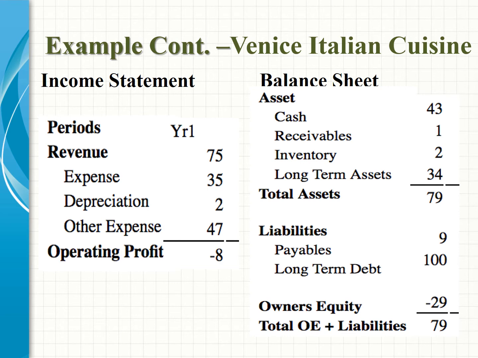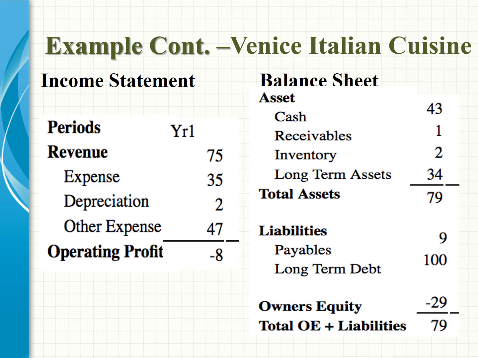Remember, income statements focus on revenues, expenses, and the profit or loss report that is generated from subtracting the expenses from the revenue. Revenue minus expenses equals profit or loss. This is very important for the Epicitos to know because it tells them how their restaurant is doing during a given time period.